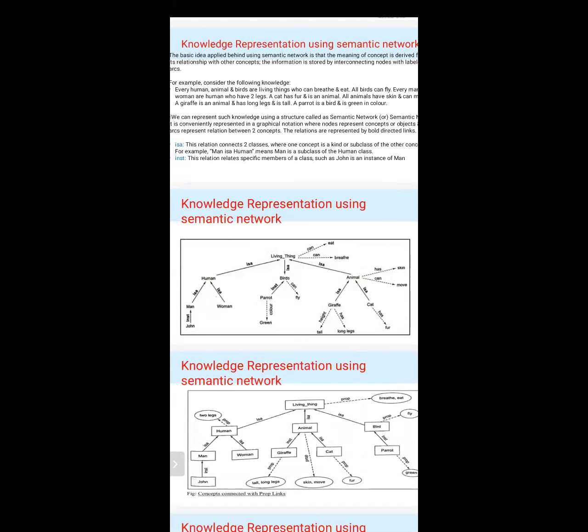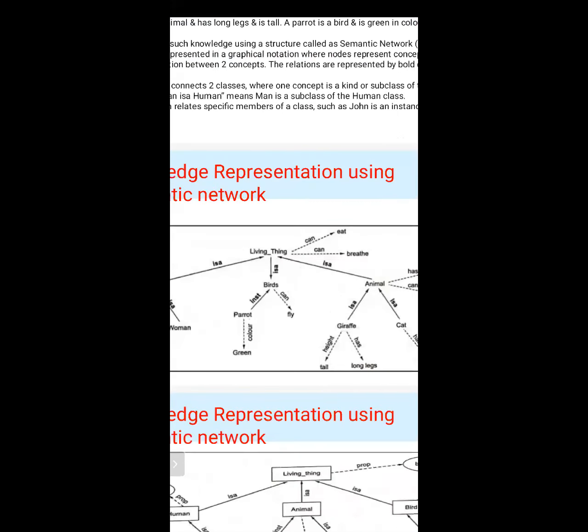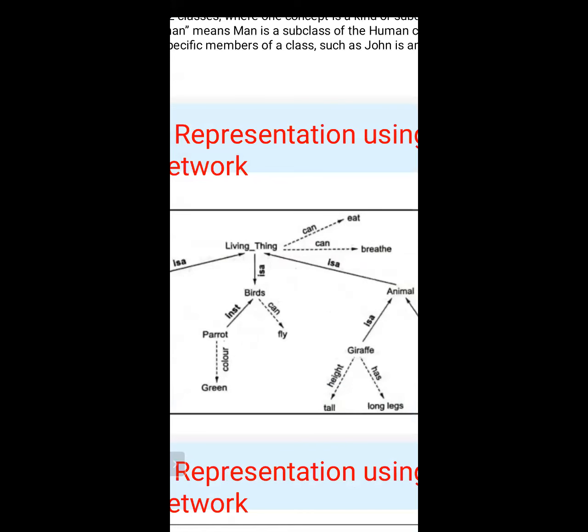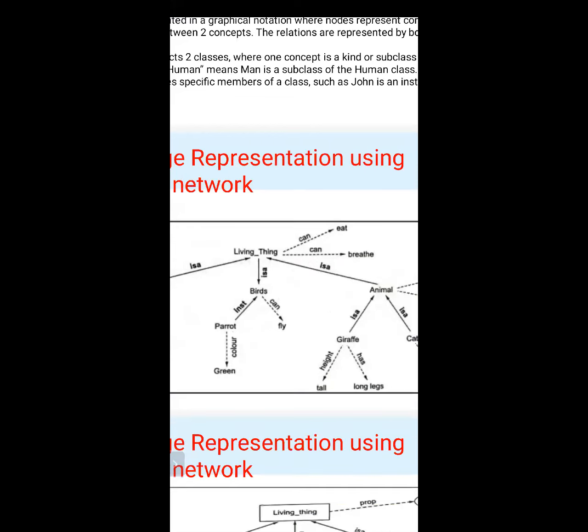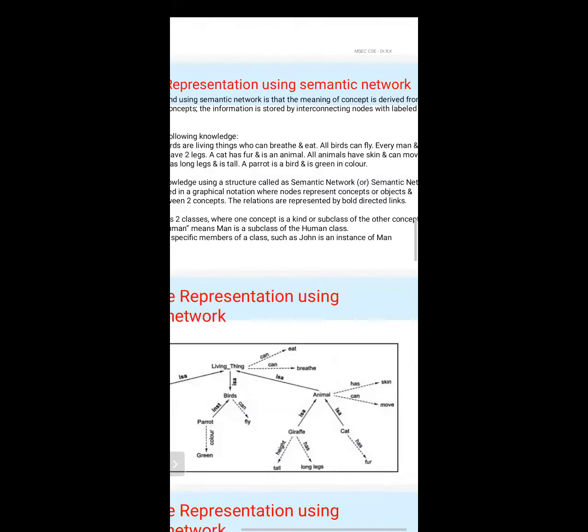Next, another property for these living things is that they can breathe and eat. So for living things, we have to consider can eat and can breathe. Next one. All birds can fly.